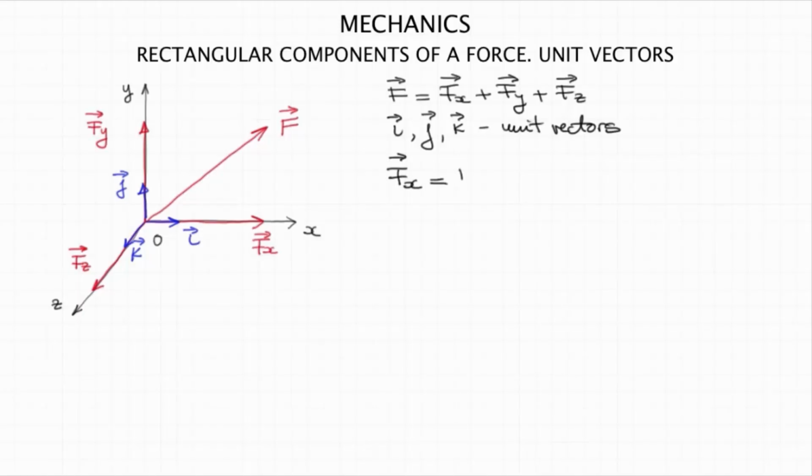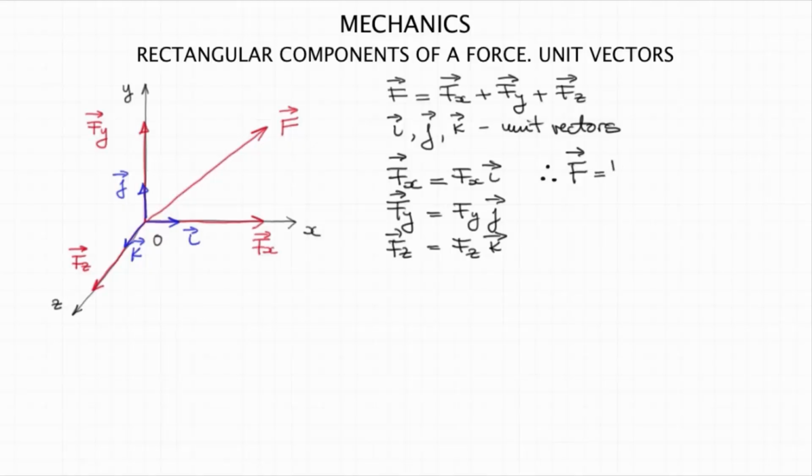Then we can write the x, y, and z components of F by multiplying the magnitude of the components by the unit vectors. So, as you can see, the vector Fx equals Fx times i, Fy equals Fy times j, Fz equals Fz times k.